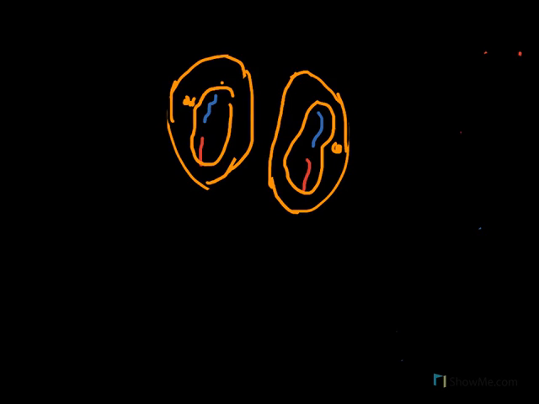And now you see that we have two cells, and look what we have. We have two genetically identical cells. Remember, the parent cell had two chromosomes in it, that blue one and the red one. And now we have two cells with that same number of chromosomes and that same exact copies of chromosomes.